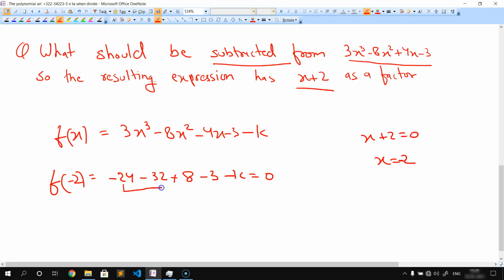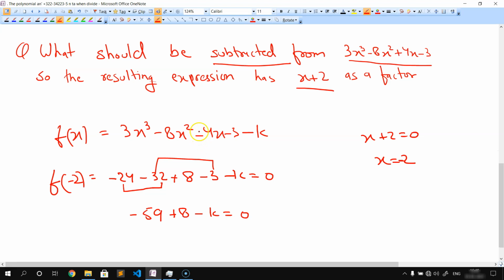Now they will add up to form minus 24 minus 32 minus 3 is minus 59, plus 8 minus k equals 0.